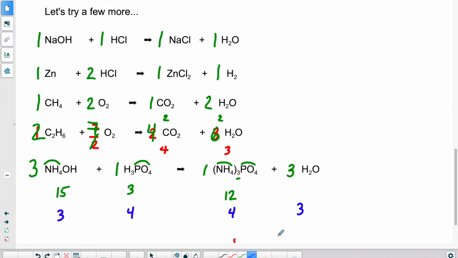So I've just confirmed that my oxygens are balanced and that my whole equation therefore is balanced. Okay, so that's one way of confirming that you've done the correct work. If you have one more element to balance, but that essentially your equation is already fully balanced, you can use that as a verification method.